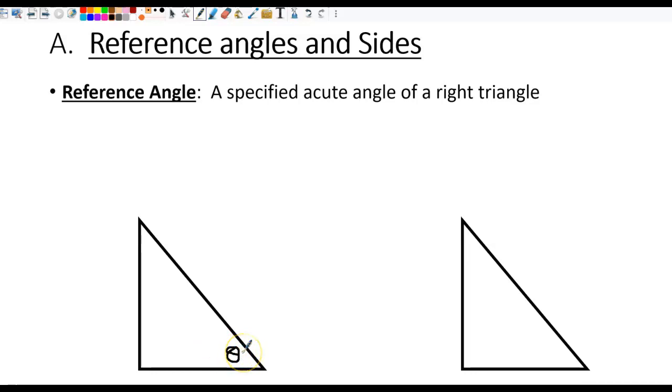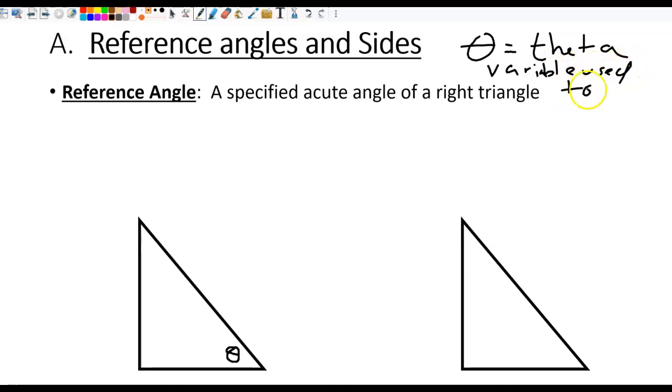And by the way, that is a symbol, it's called theta. I'll write it up here. This is typically the variable that we use to represent angles. There. So theta is the variable that is typically used to represent angles.